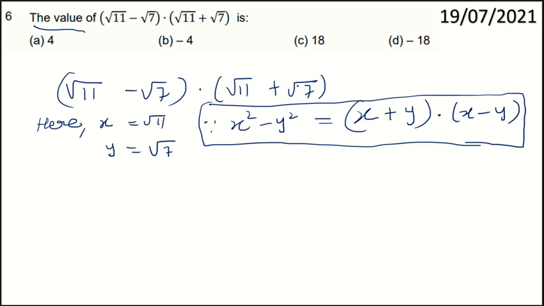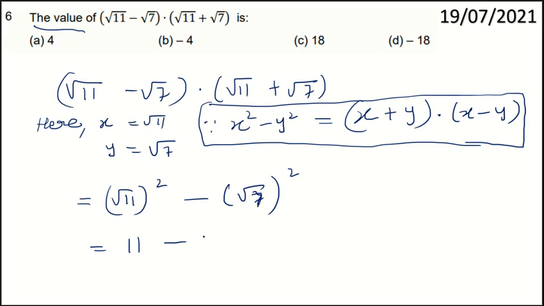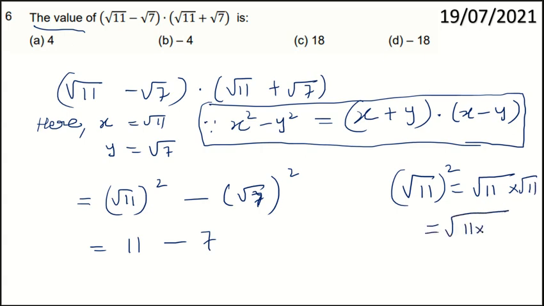So, the product of x minus y into x plus y, or x plus y into x minus y, both are the same, gives you root 11 whole square minus root 7 whole square. So, root 11 whole square is 11, root 7 whole square is 7. Root 11 whole square means root 11 into root 11, which can be written as root under 11 into 11.